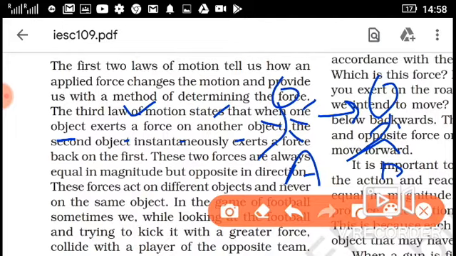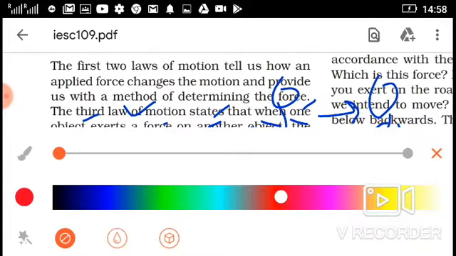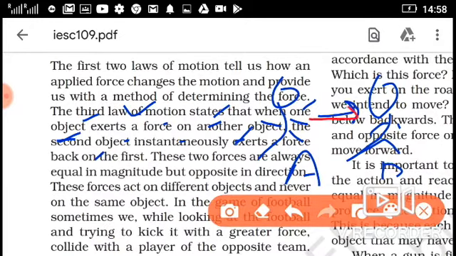So if one object exerts a force on another object, the second object instantaneously exerts a force back on the first. It means that if boy A applies force on the second boy, the second boy in return also applies force. If we are pushing the wall, the wall also exerts a force on us. If we are pushing a chair, the chair is also applying a force on us.